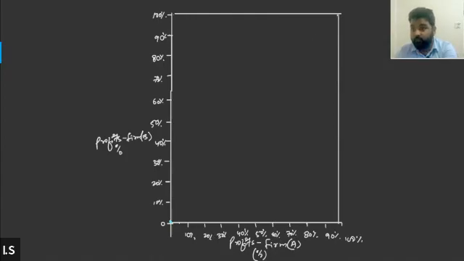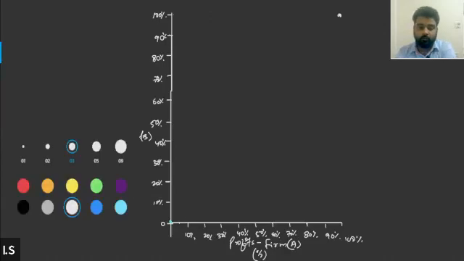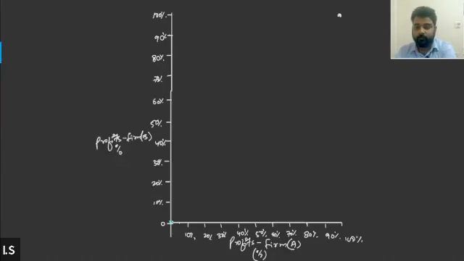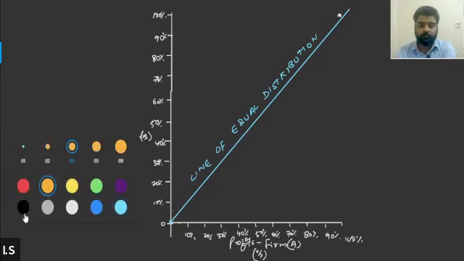Okay, so somewhere at this point, okay, now I will interconnect these points. So this will be our line of equal distribution. So let me write it here. Line of equal distribution. Okay, any doubts till this point?